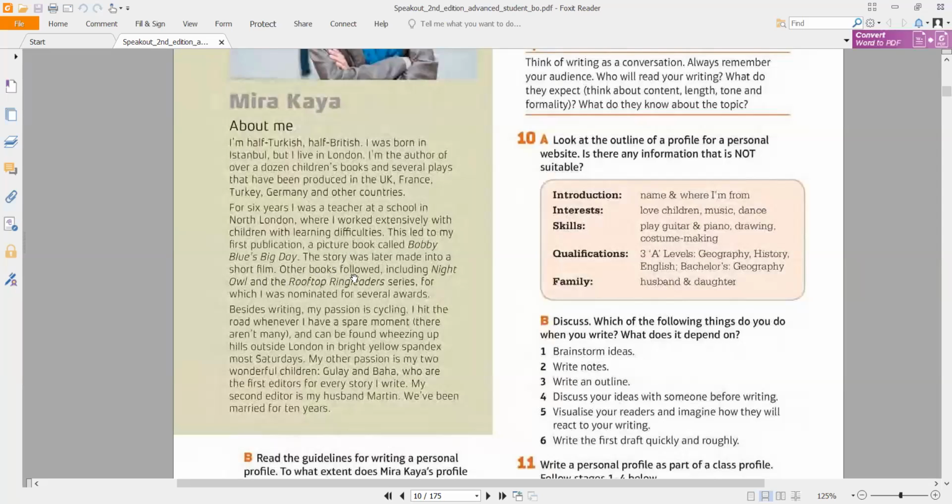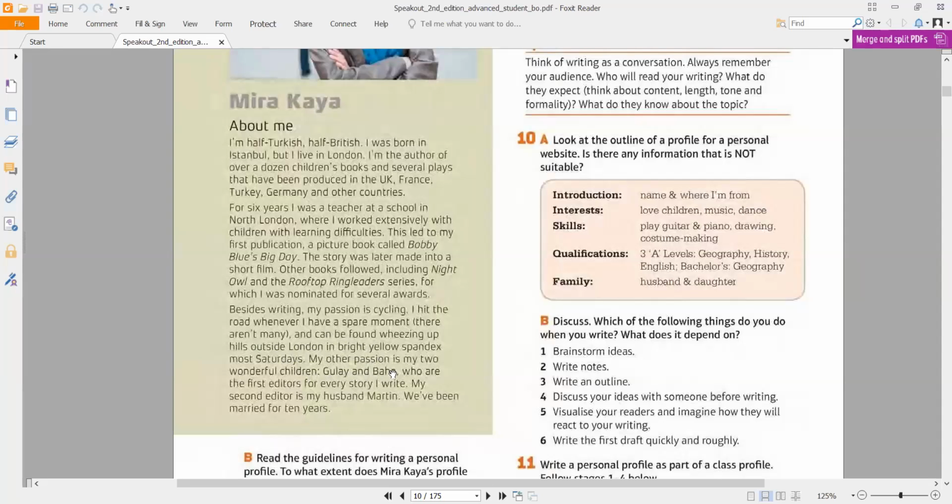Other books followed, including the Night Owl and Rooftop Ringleaders series, for which I was nominated for several awards. Besides writing, my passion is cycling. I hit the road whenever I have a spare moment. There aren't many, obviously, and I can be found whistling up hills outside London in bright yellow spandex most Saturdays.